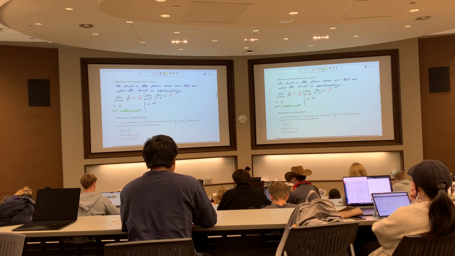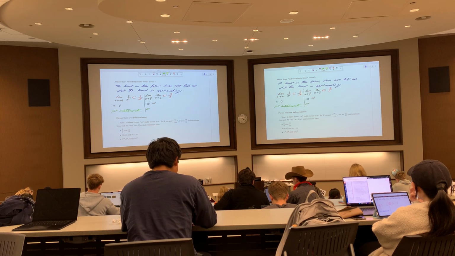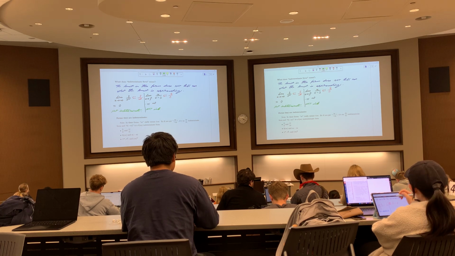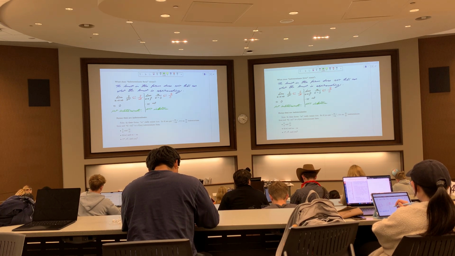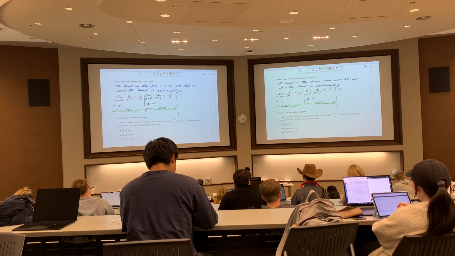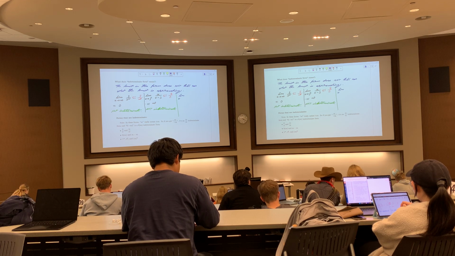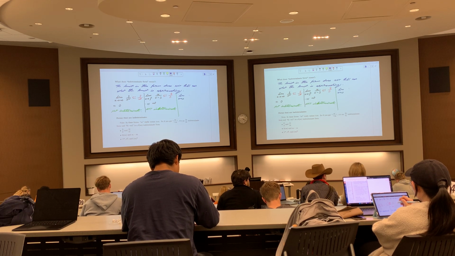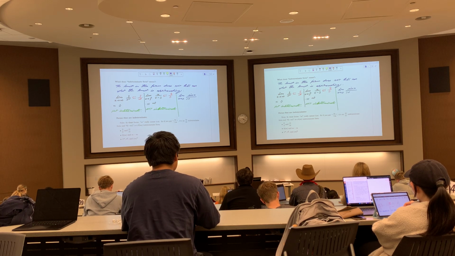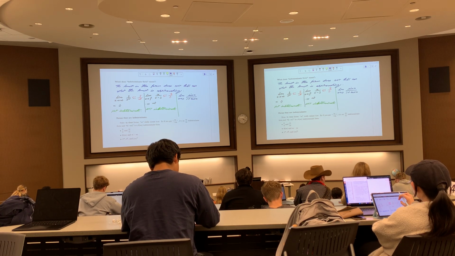So again, this is not indeterminate. Another example: the limit as x approaches 0 of sine of x over 1 plus cosine of x.